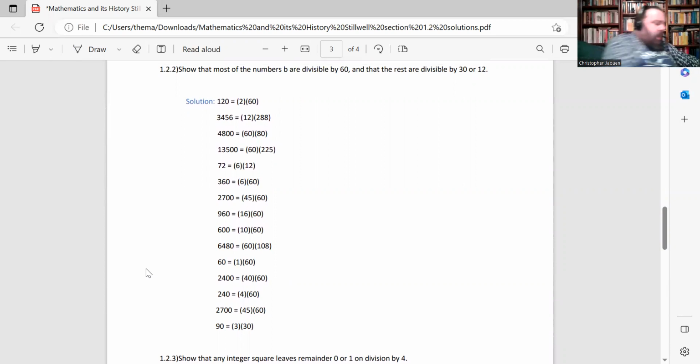So why do we care about that? He has a note here after the question. The point is, we think the Babylonians created this list of numbers by using the formula that we went over in the summary of the section.